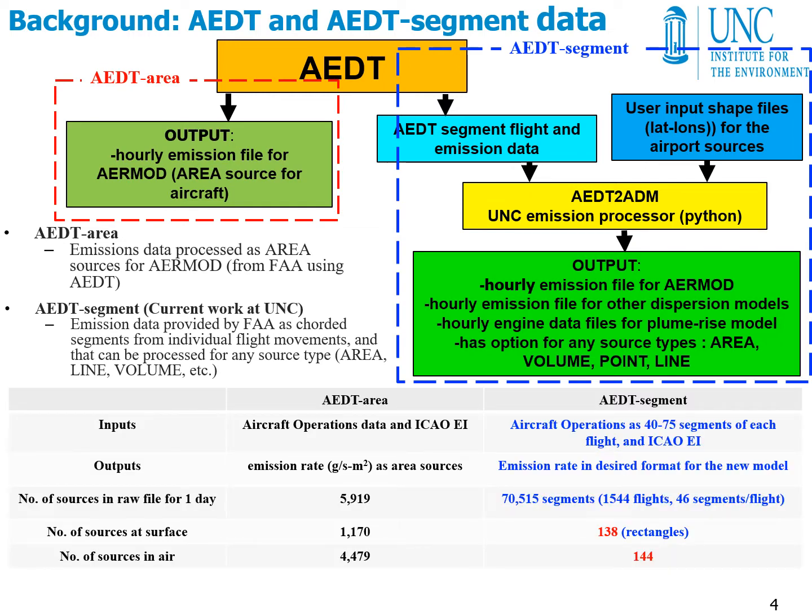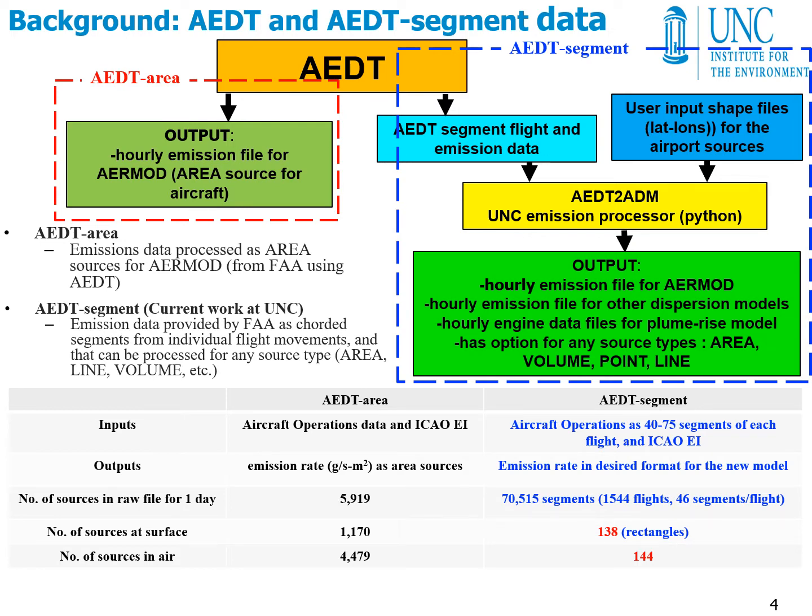This table shows the difference between AEDT area and AEDT segments. The number of sources in raw files in AEDT area is around 6000, and in AEDT segments around 70,000 segments for one day, with around 1544 flights per day and 46 segments for one flight. The number of sources at surface is around 1200 in AEDT area and 138 we have designed.